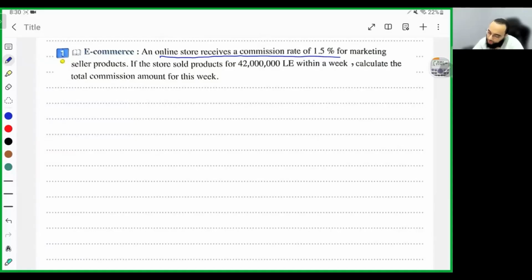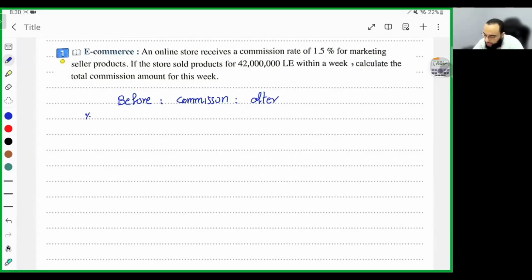If the store sold products for 42 million pounds within a week, calculate the total commission. Okay, so this is the price before the commission, this is the commission itself, and this is the price after the commission.